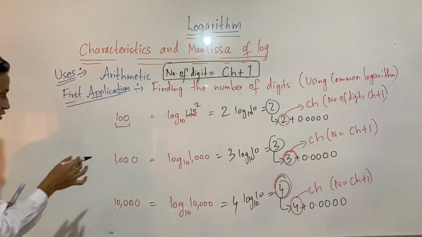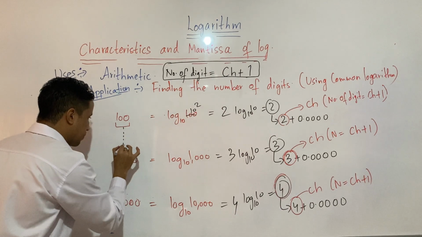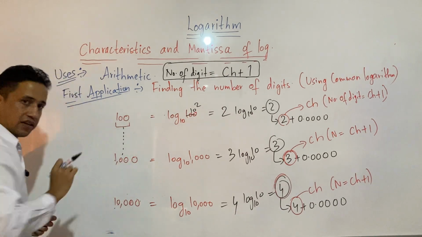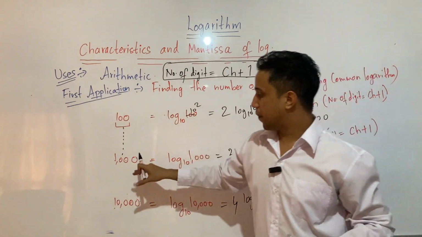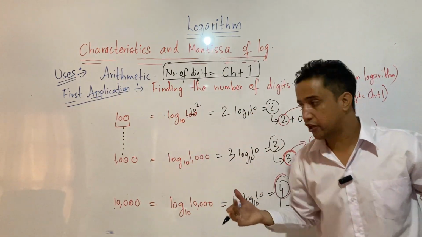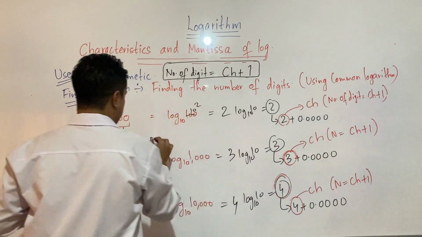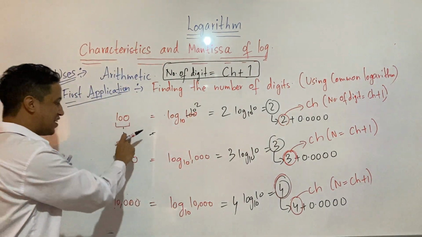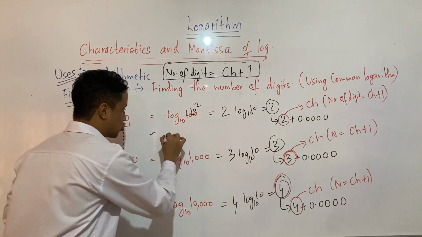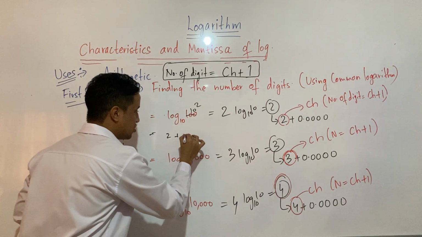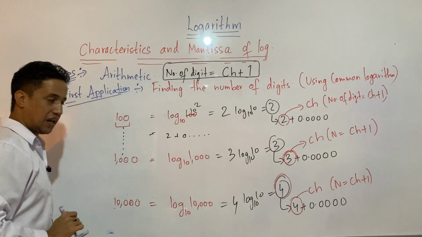Now see here, if you take any number between 100 and 1000, it's going to be a 3-digit number. So you will see that the characteristic of any given number between 100 and 1000 is going to be 2 plus 0 point something.